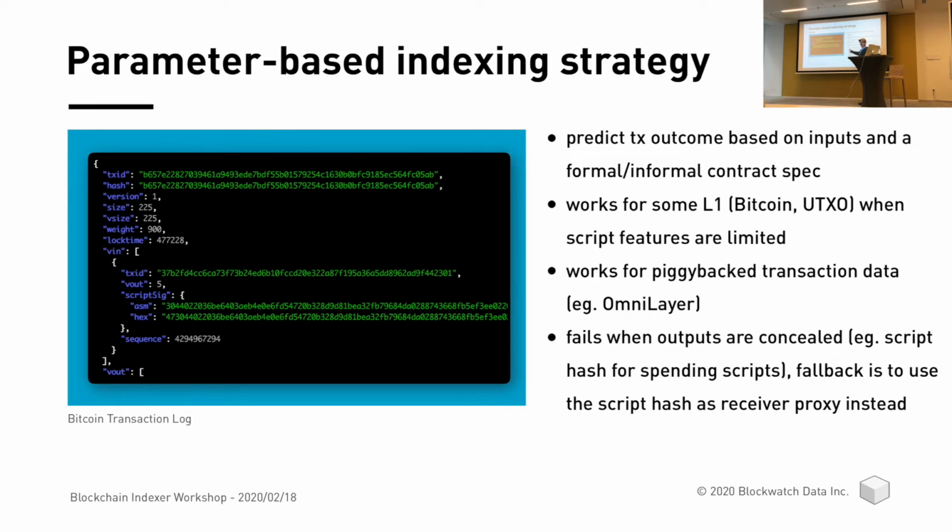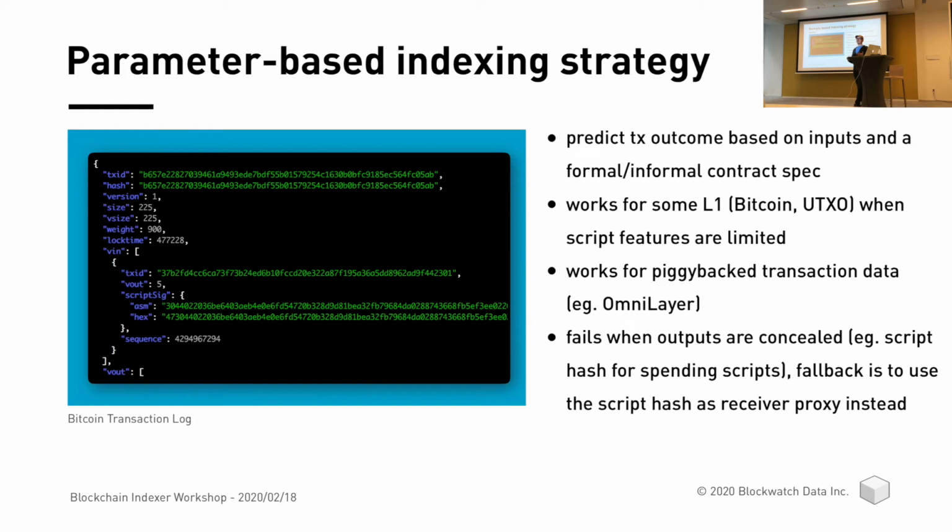Tezos layer 1, the normal Tezos, works pretty well. Everything that the Tezos blockchain RPC exports to you, all the balance updates for example, you can trust, and you can do indexing based on these balance updates. But as soon as the RPC response contains some incomplete data, you are basically screwed.